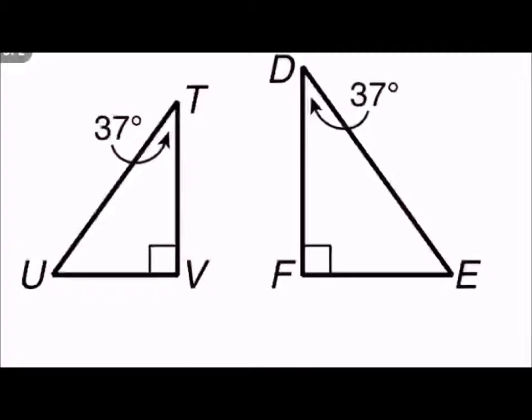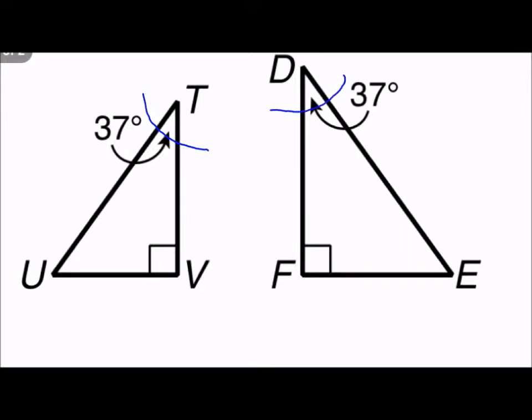We learned about the angle-angle similarity postulate, and what that means is when you have 2 triangles, you can prove that they are similar if they have 2 angles that are the same. So in the first triangle on the left, we have angle T is 37 degrees, and if you look at the triangle on the right, angle D is also 37.